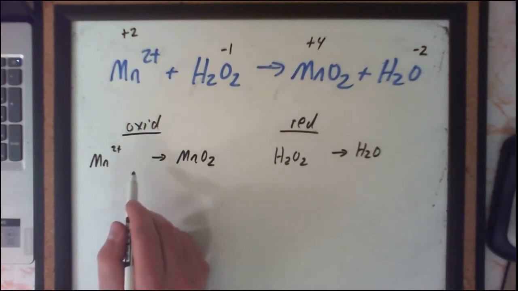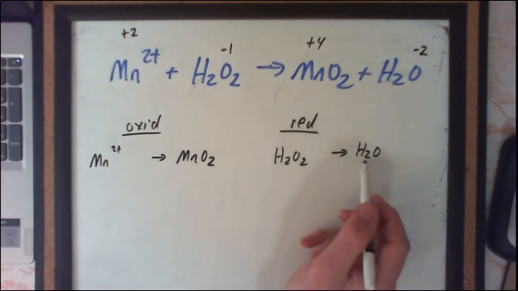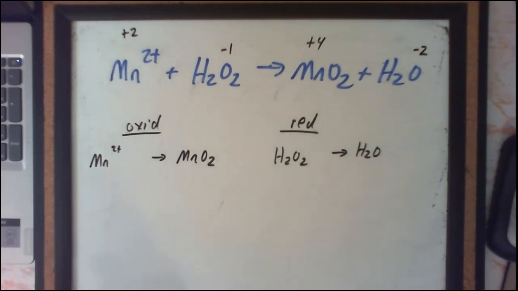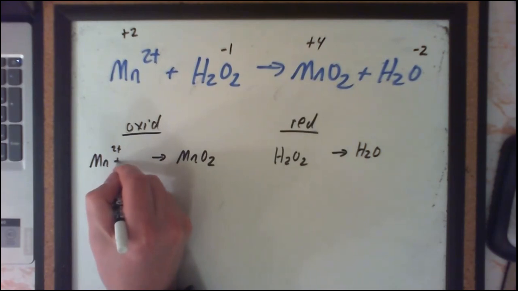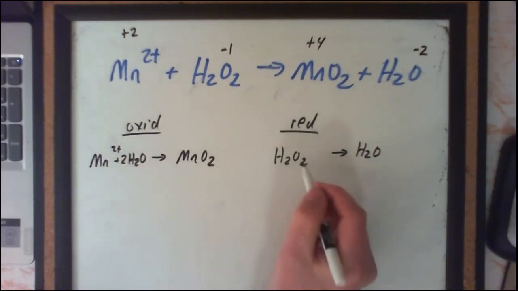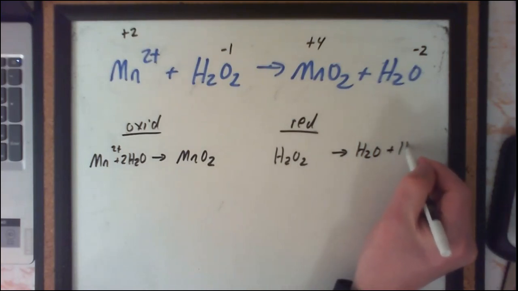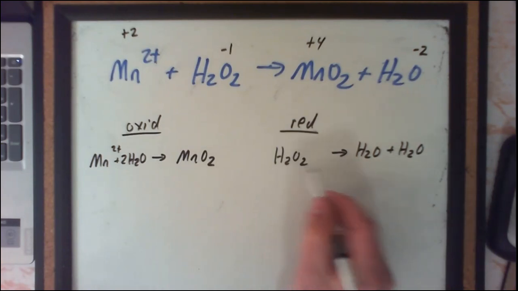So first, mass balance everything but hydrogen and oxygen: 1 manganese, and 0, 0. So we're good there. Second step is to mass balance the oxygens using water. 2 oxygens, 0. So I add the same number of water molecules. Now it's 2 and 2. 2 oxygens versus 1 oxygen. So I'm going to add an additional water molecule to give me a total of 2 oxygens, 2 and 2.